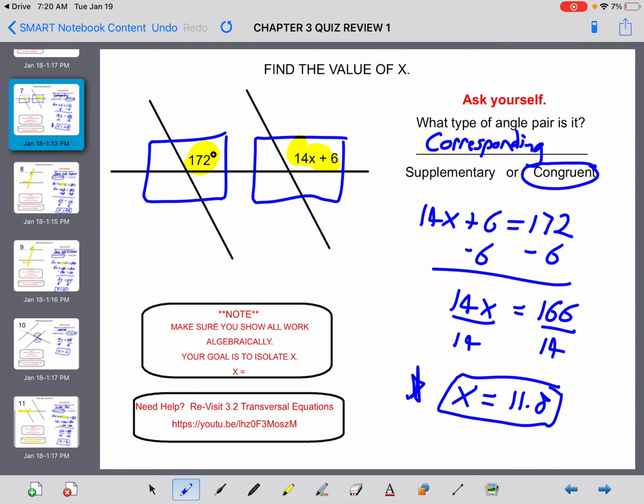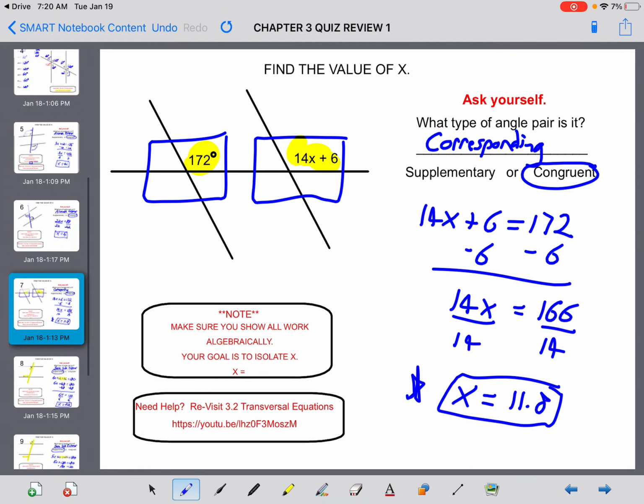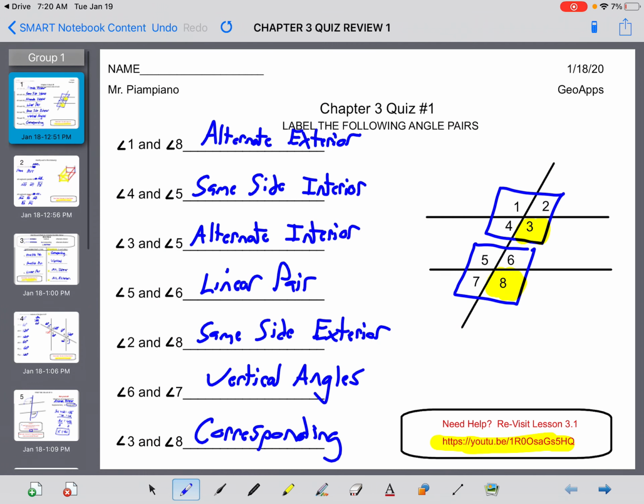All right, so just don't be surprised if I change this one question, but the rest you should be okay with. These are going to be very similar questions on your quiz tomorrow, and this is definitely all the material you need to know for your quiz. This is your last quiz grade for quarter 2, okay? So make sure you give your best effort.